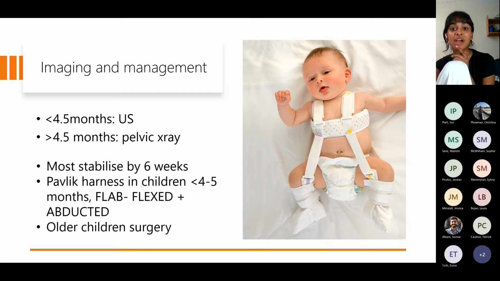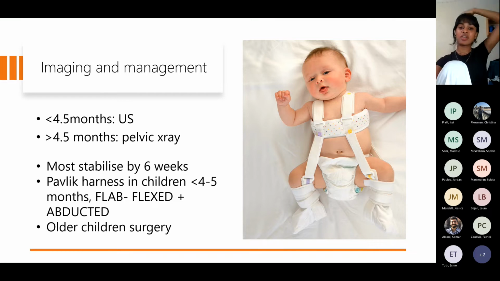You have to do Barlow's and Ortolani's again at the 6-week check, because most of them should have stabilized by then. If they've not, you're going to have to image it and probably do some management. Again, the management, like the imaging, depends on the age. If they're less than 4 to 5 months, they normally put them in a Pavlik harness, and if they're older, they can benefit from surgery.